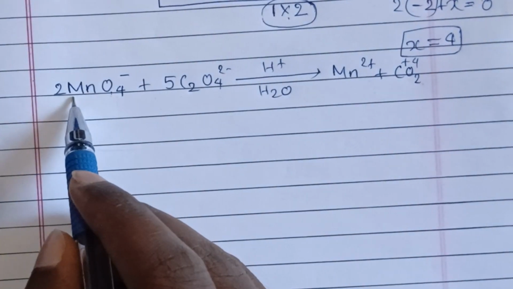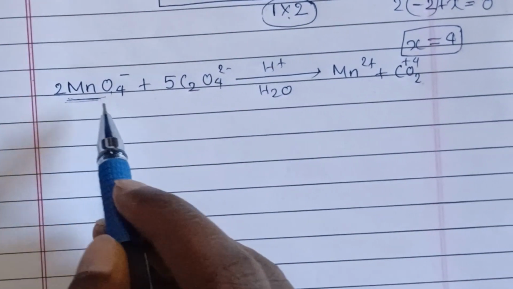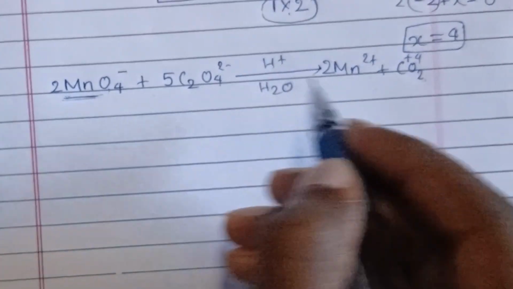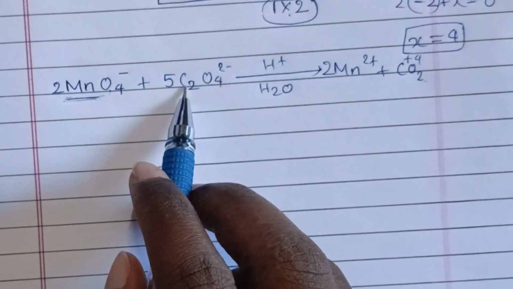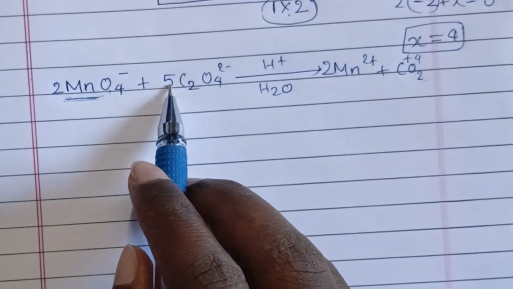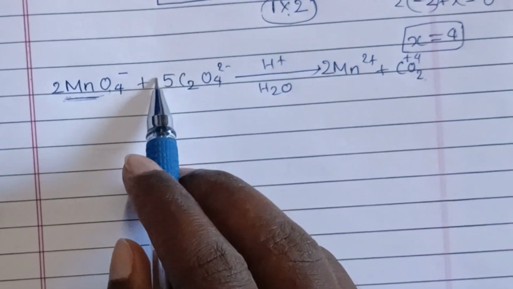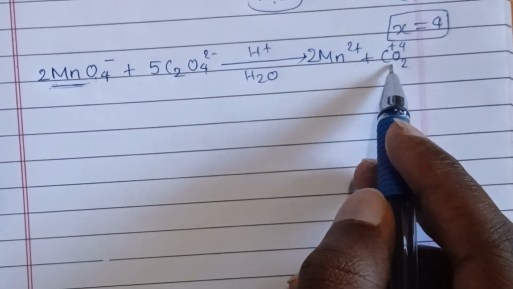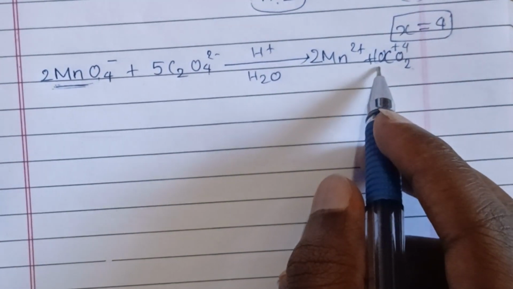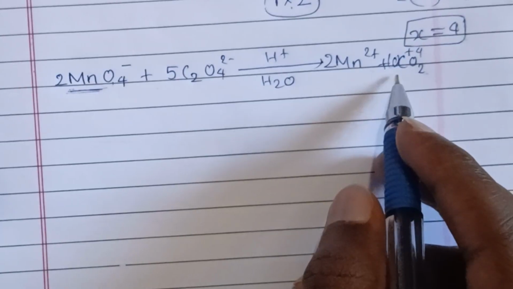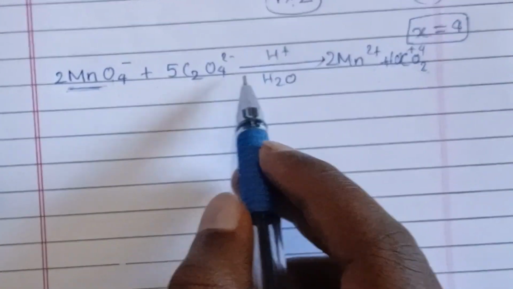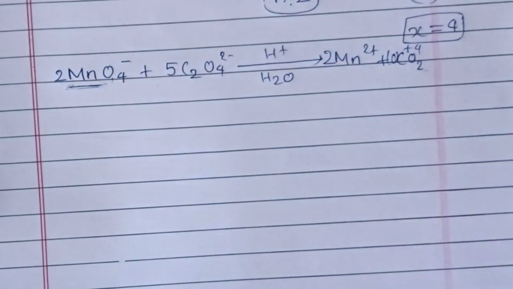As you can see here, there are 2 manganese atoms. So I will write 2 here so that both sides will match. Here I have a total of 10 carbon. As you can see, C2 is there and 5 is there. 10 carbons are there, but here in this case I have only 1 carbon, so I will write 10 in this case. So I actually balanced the other atoms except oxygen and hydrogen. I balanced every other atom.